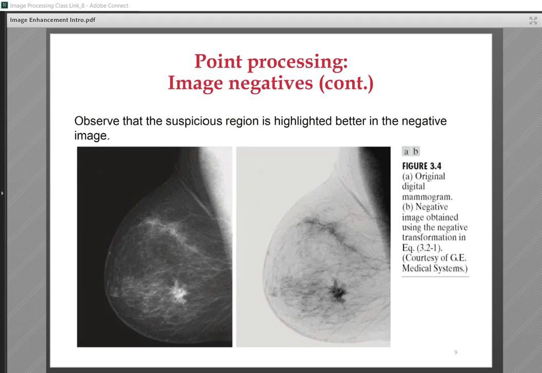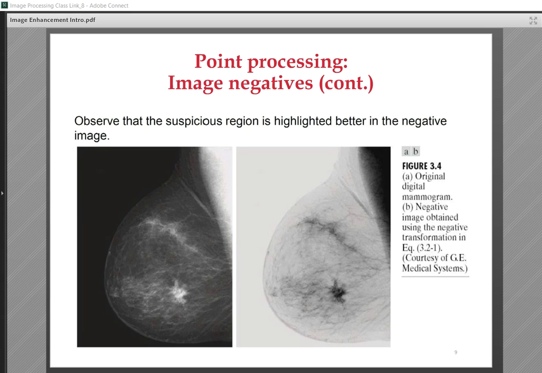For example, here, from a patient, observe that in mammography, this is the original image from a mammography, and this is the resultant. Observe that the suspicious region is highlighted better in the negative image here, this is better seen.